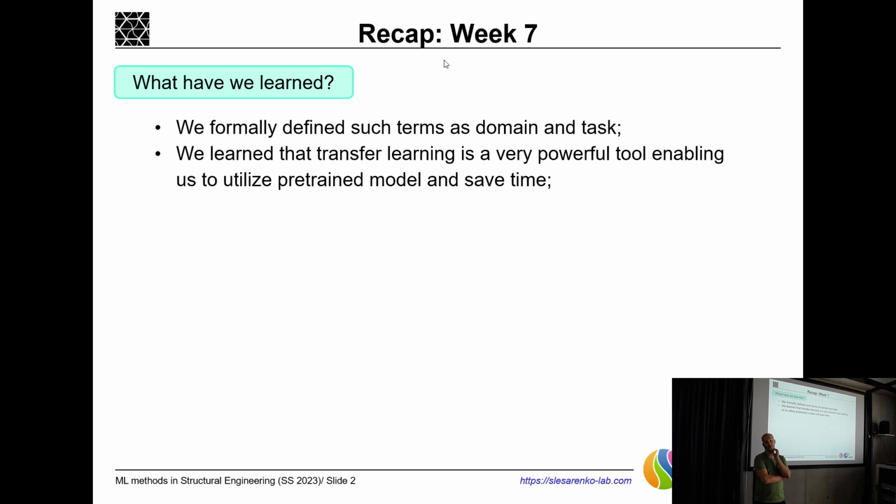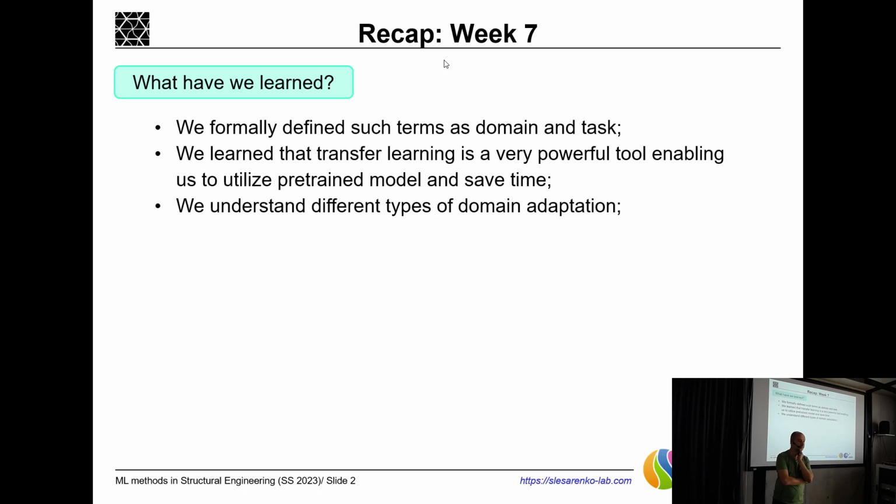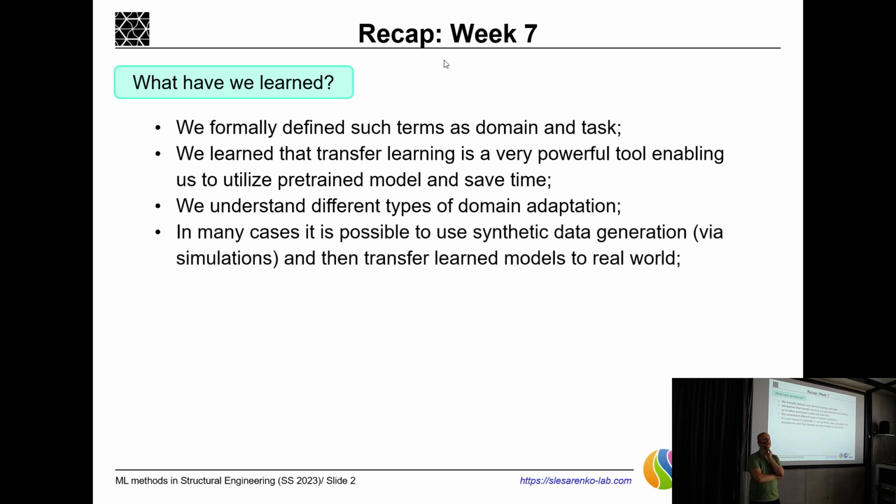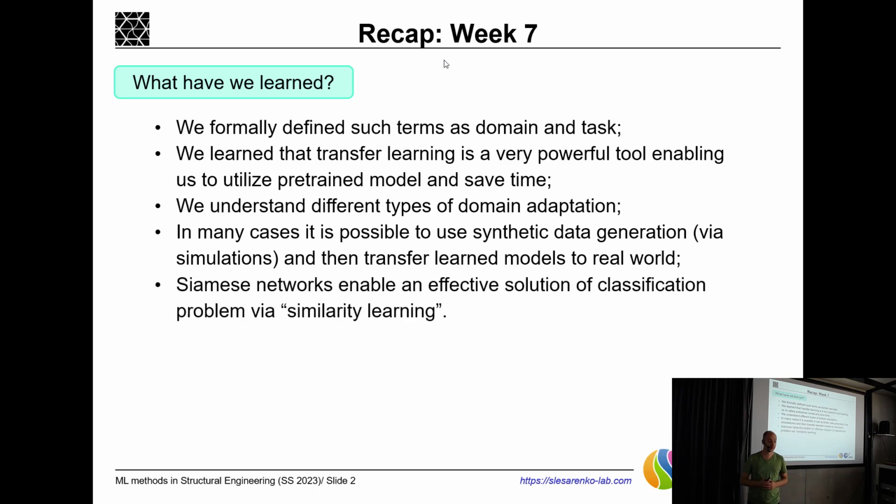We learned that transfer learning is a very powerful tool enabling us to utilize a pre-trained model and save a lot of time. We also now know and understand different types of domain adaptation. In many cases, we learned on the example of, let's say, ant tracking, that it's possible to use synthetic data generation via simulations in a computer, let's say in game engines, and then transfer learn models to the real world.